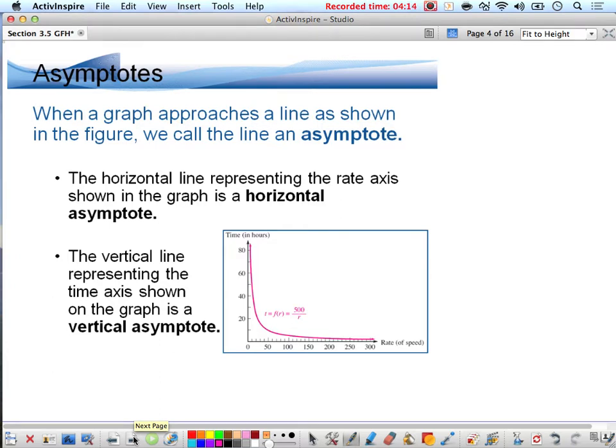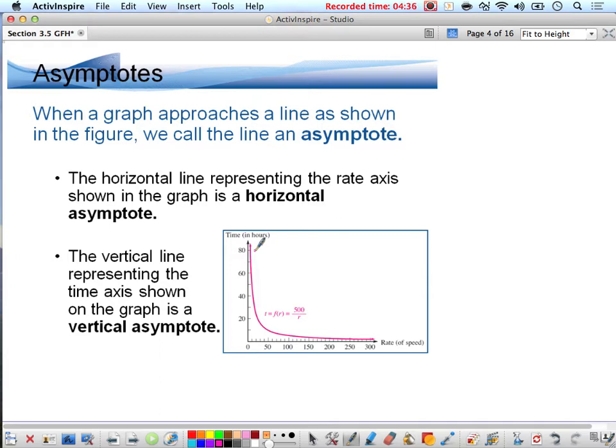But an asymptote is when a graph approaches a line as shown in this figure. If you trace this graph kind of from the right, this way, do you see how it's hugging the y-axis there? It's getting close to the y-axis, but it's never actually equaling the y-axis.